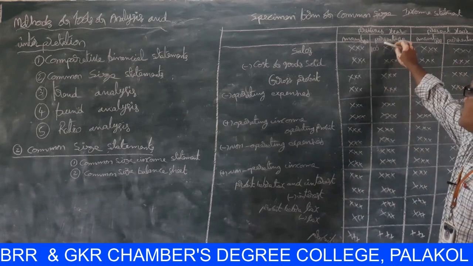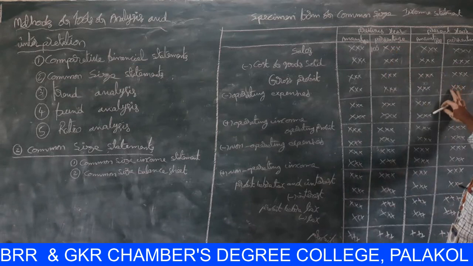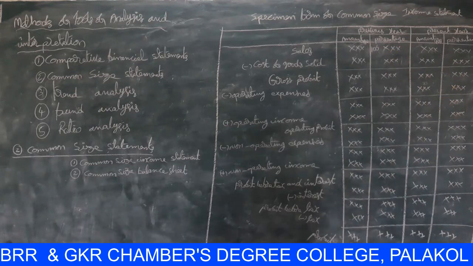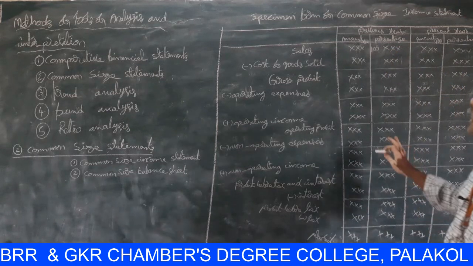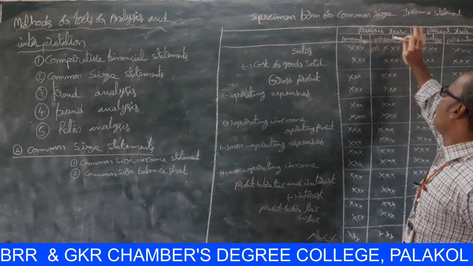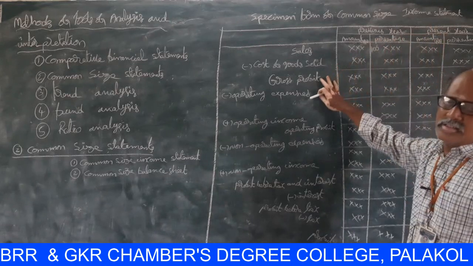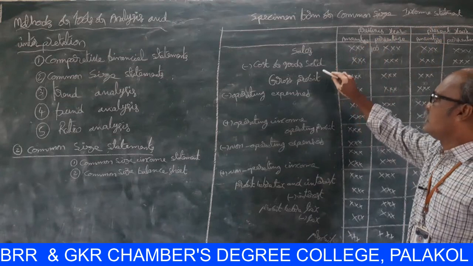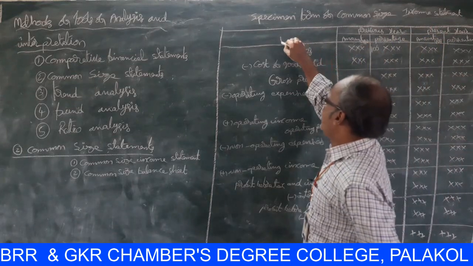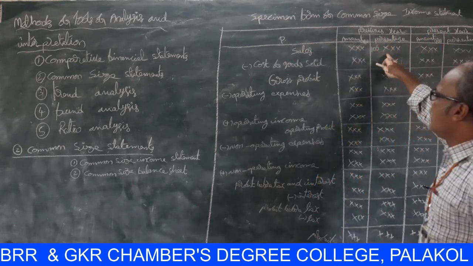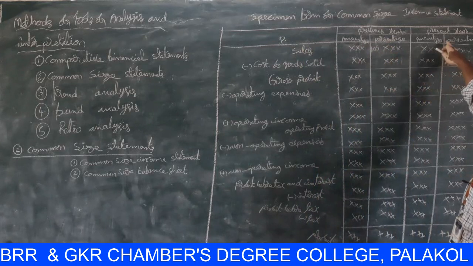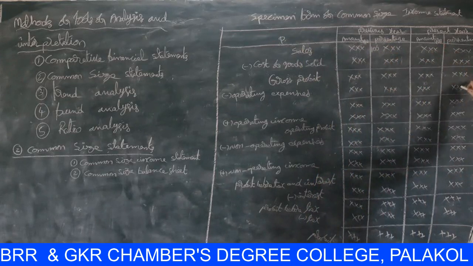Next, this is the previous year data and this is the present year data. Once again, the specimen form of common size income statement has five columns. One is particulars, second one is previous year amount and percentage, next one present year amount and percentage.